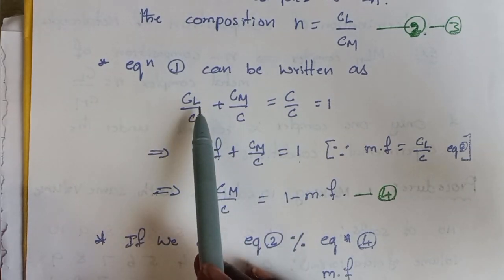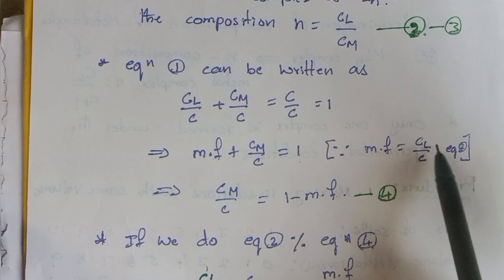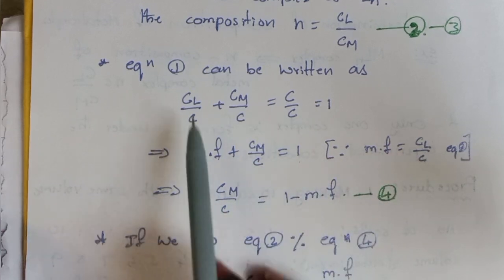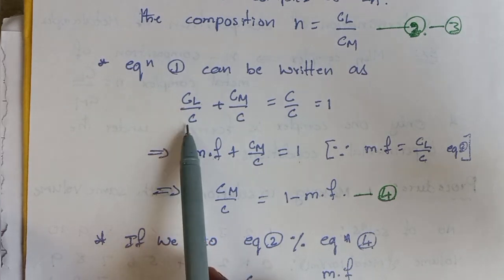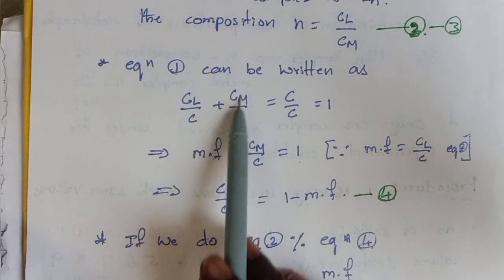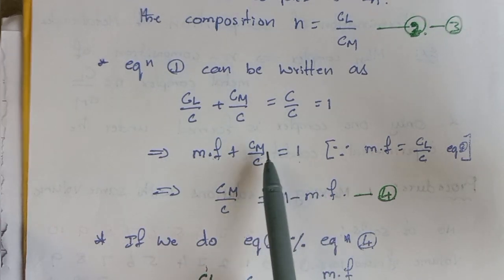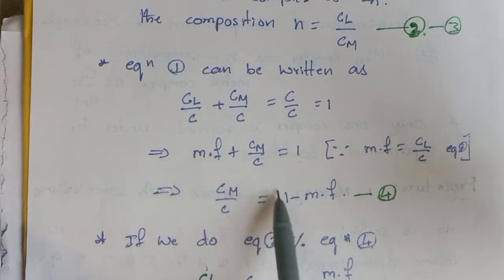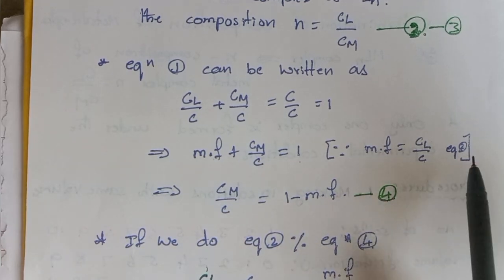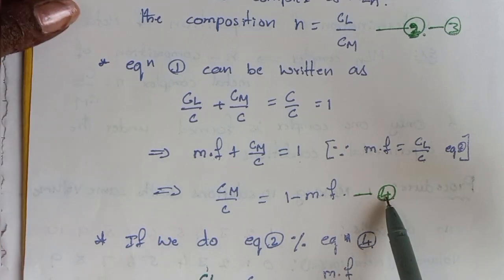So as we know from equation 2, the mole fraction equals the total concentration of the ligand by the constant, right? So we substitute here, in place of Cl by C, the mole fraction. And Cm by C equals 1 minus mole fraction. So if we take this equation as 4, equation 2 will be divided by equation 4, right?